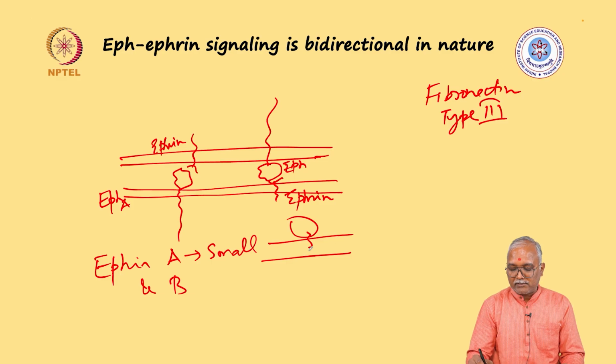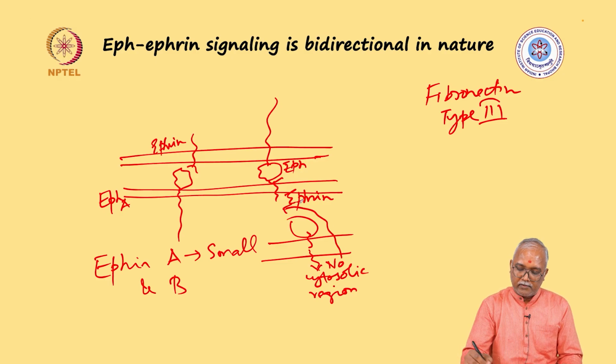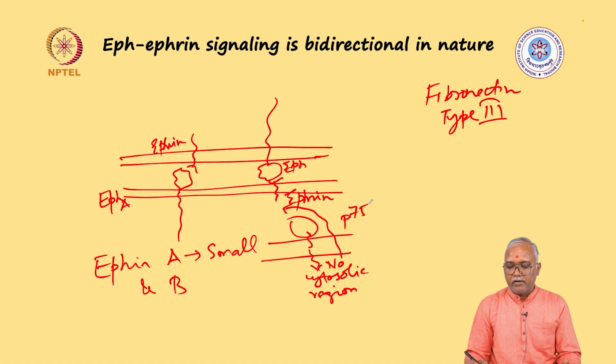It lacks any significant portion inside the cytosol, no cytosolic region. So it is dependent on another co-receptor. Sometimes there is an example of the P75 family of receptors which work along with Ephrin A and get into a complex with the Ephrin EPH receptors.